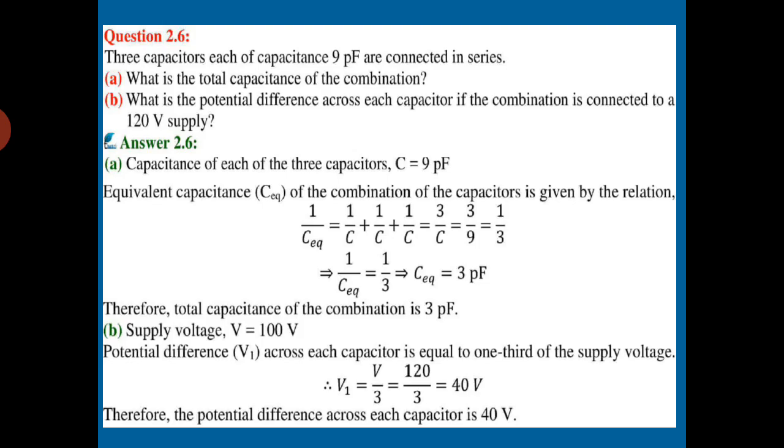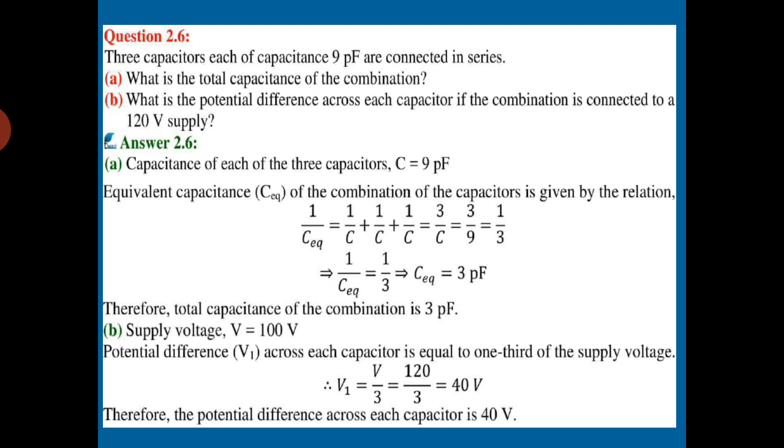So come to the next NCERT exercise question 2.6. 3 capacitors, each of capacitance 9 picofarads, are connected in series. What is the total capacitance of the combination? It's very easy. In the combination there are 3 capacitors, each having a value of 9 picofarad.